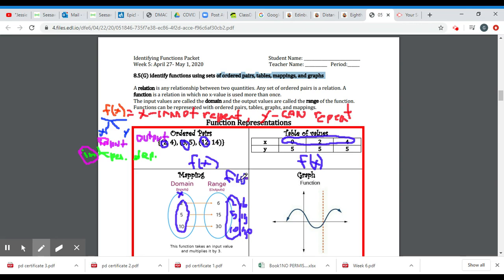I'm pretty sure you're starting to understand or get this. Now, the one that is the most difficult when it comes to functions, that we tend to make errors on, is the graph.